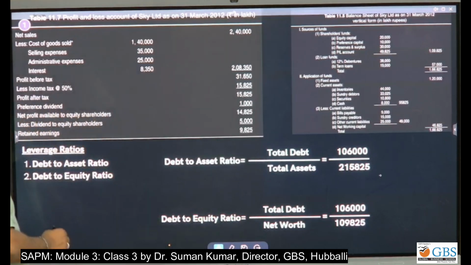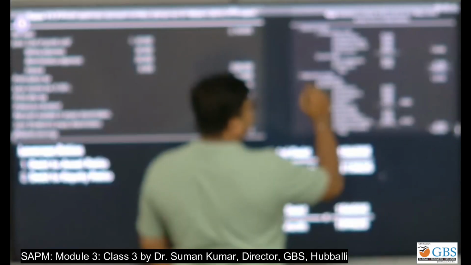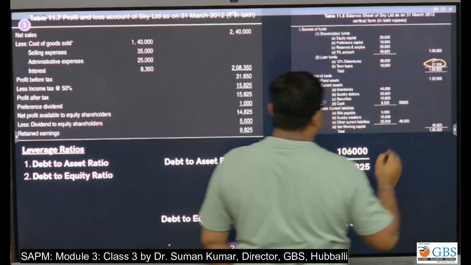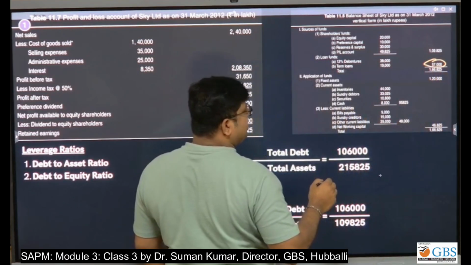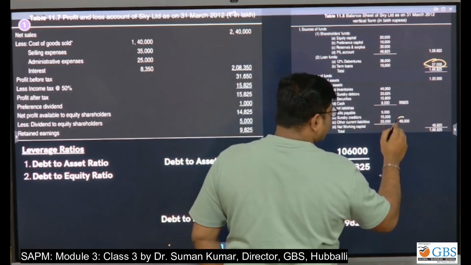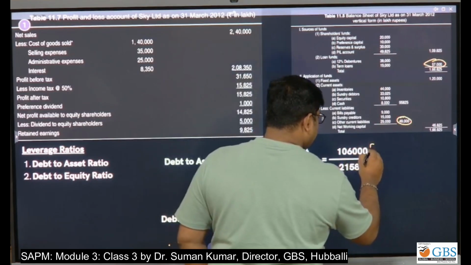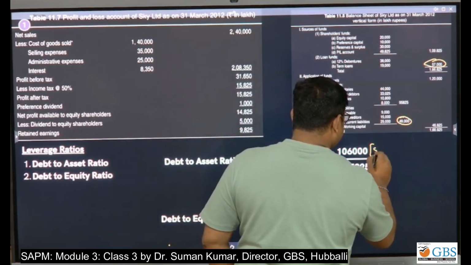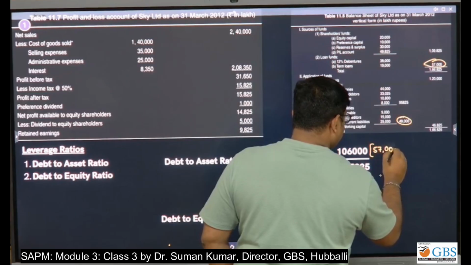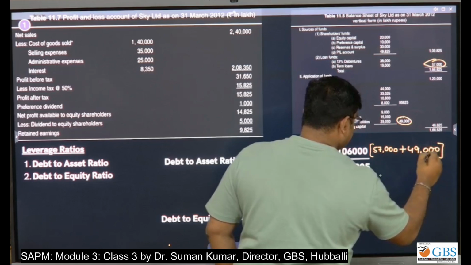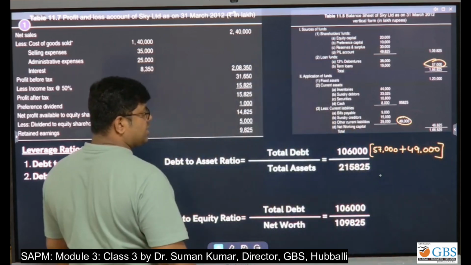See, debt to asset ratio, total debt, that is loan fund, that is 57,000 plus total current liability. So that is 57,000 plus 49,000, 1,06,000. So what is the ratio?